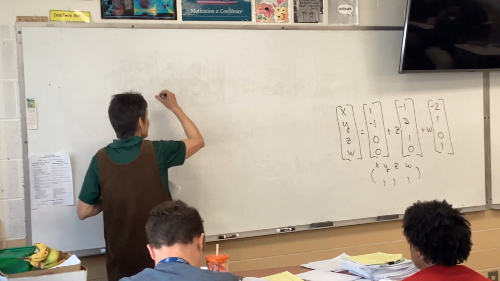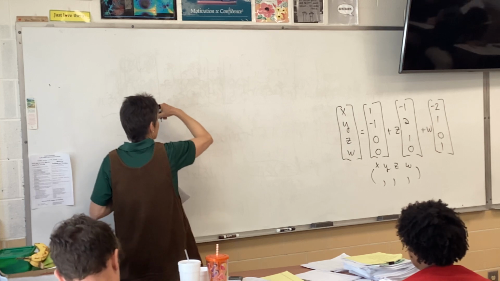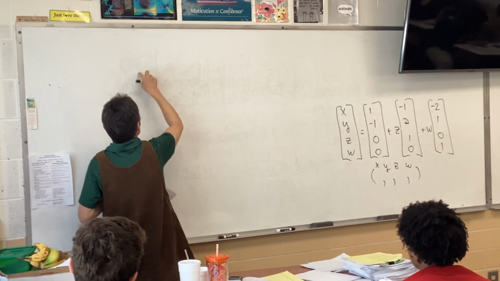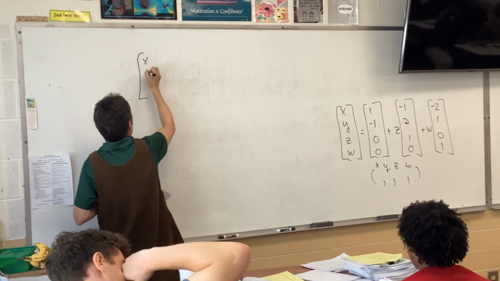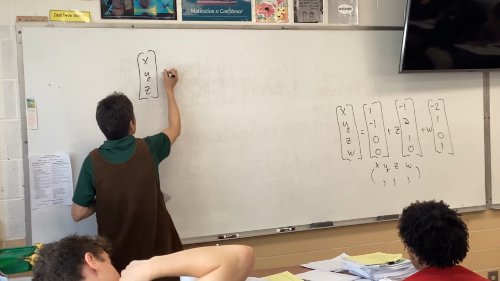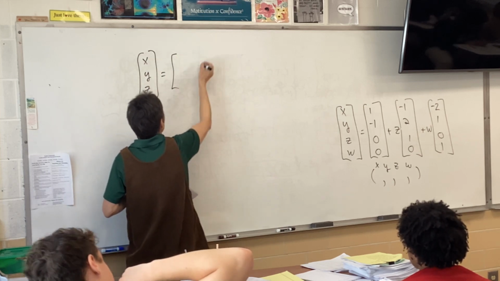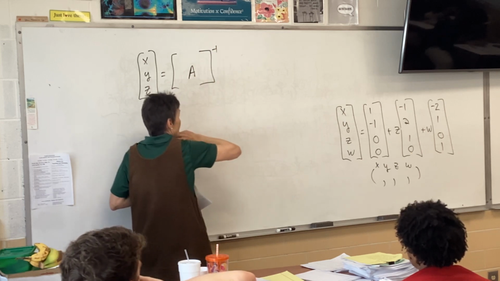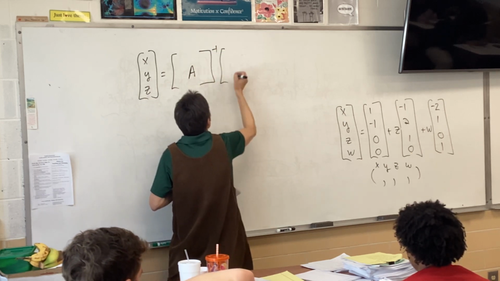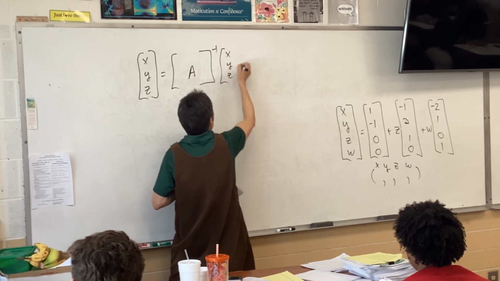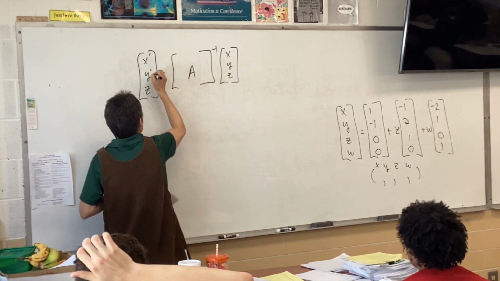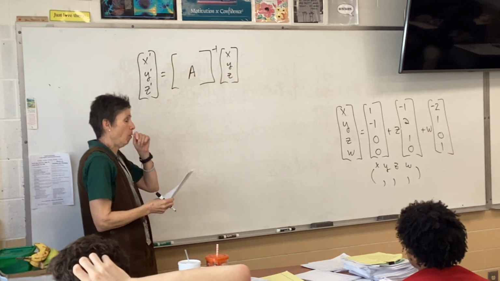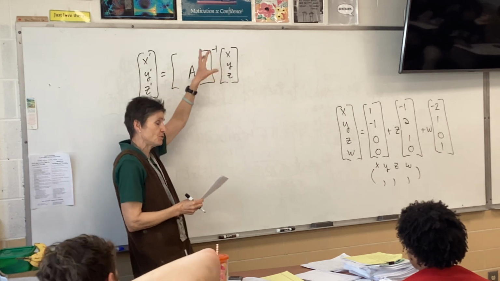So the idea of inverses is that your answer, your X, Y, and Z answer, is going to be the product of your coefficient matrix, the inverse of that, times your variables. Okay, so these are your answers here. All right? Don't let that confuse you.